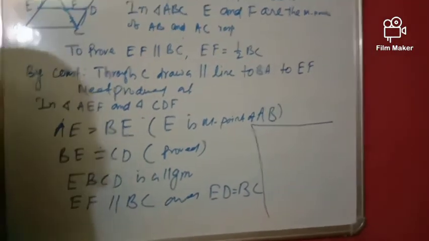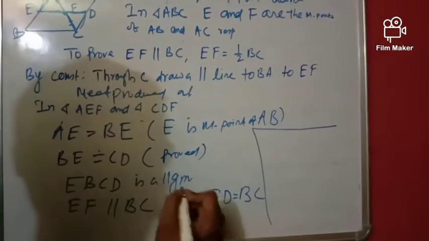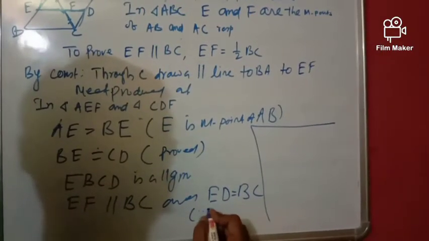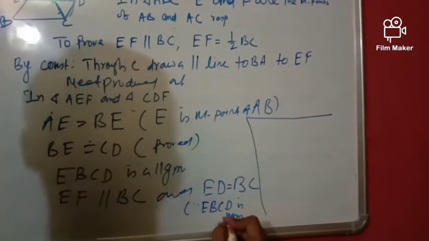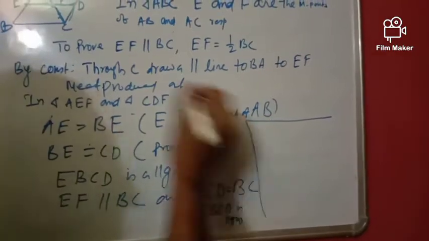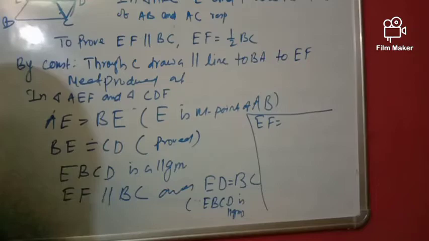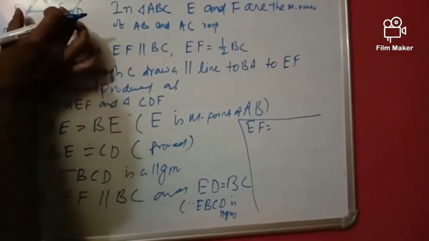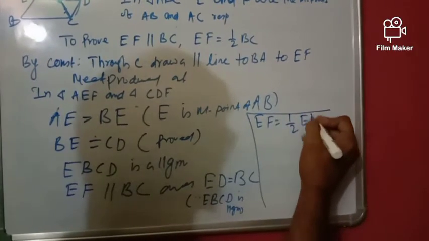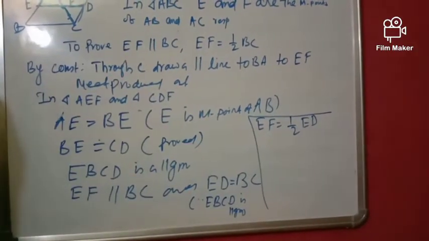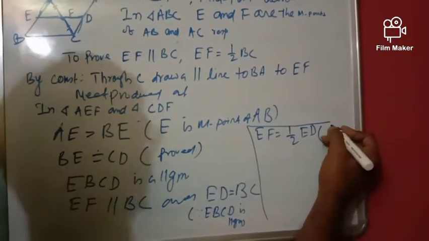Because EBCD is a parallelogram, already proved, therefore EF equal to half of ED, since EF equal to FD.